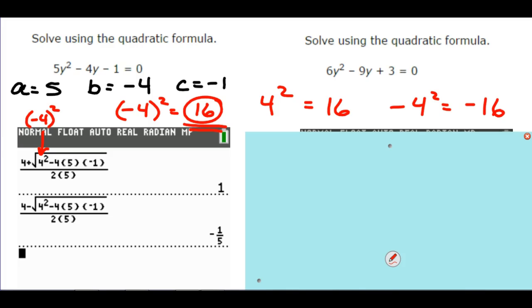If I were to just put this in the calculator, I get an incorrect answer, but I don't even know it's incorrect unless I catch my mistake. So I've got to make sure. Now, there's a workaround if you realize that -4 squared equals 16 and 4 squared equals 16. So it doesn't matter if I make this negative or not, as long as I know what I'm doing. So whatever it is that works for you, that is how you use the quadratic formula.